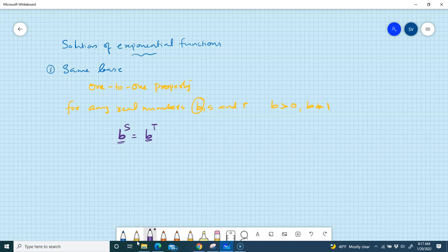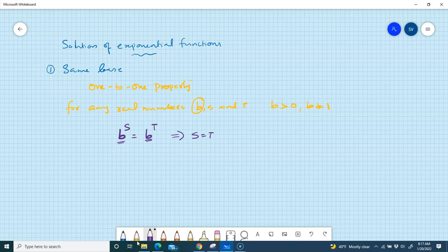If we have three numbers b, s, and t, and the condition for b is that b should be positive and b cannot be equal to 1, and if b to the power s is equal to b to the power t, then we reach our destination: s is equal to t. This is what is called the one-to-one property for exponential functions.